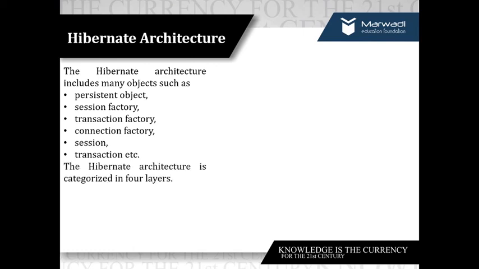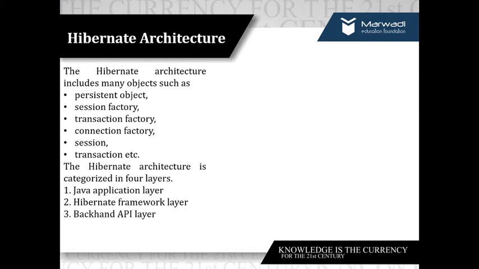So Hibernate architecture is basically categorized into 4 layers depending on all these things. One is the Java application layer, where you code all the Java classes and objects, and business layer is there. There is Hibernate Framework layer, which provides all the API for ORM, and you have backend API layer.